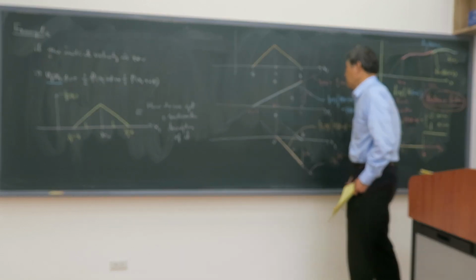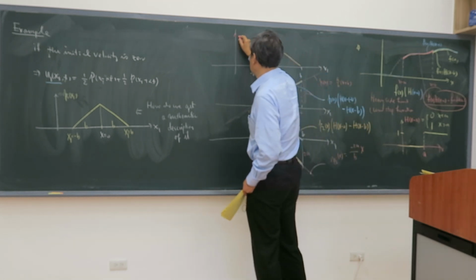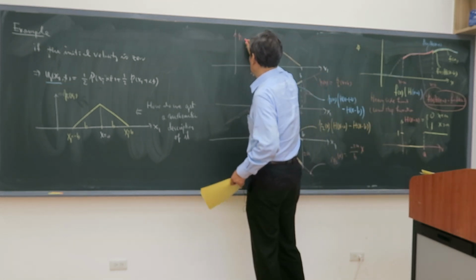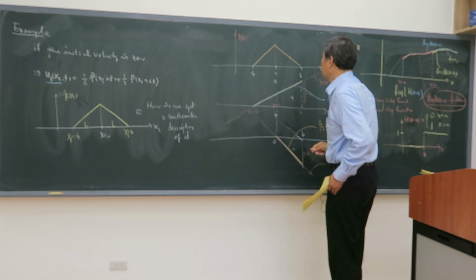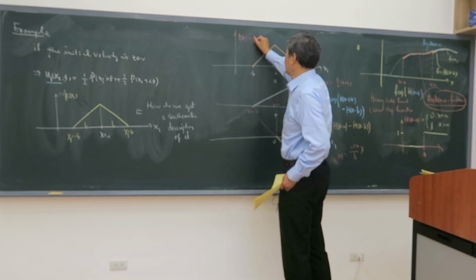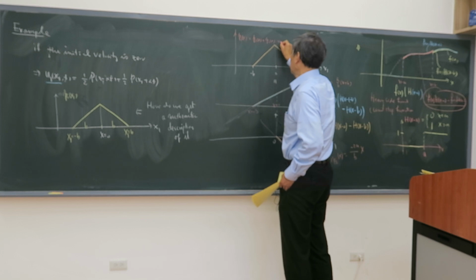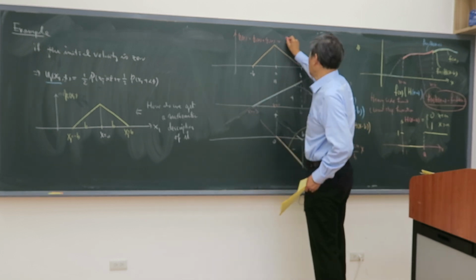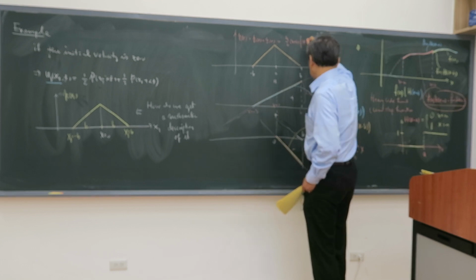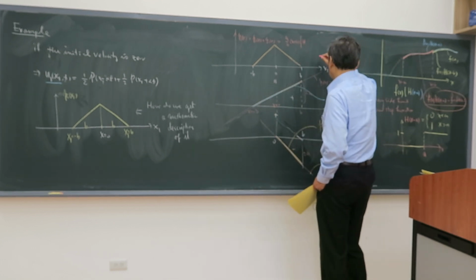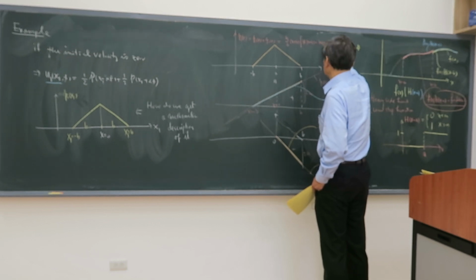So this shape px equals p1x plus p2x. And P1x will be A over B, x plus B, Heaviside x plus b minus Heaviside x minus b.